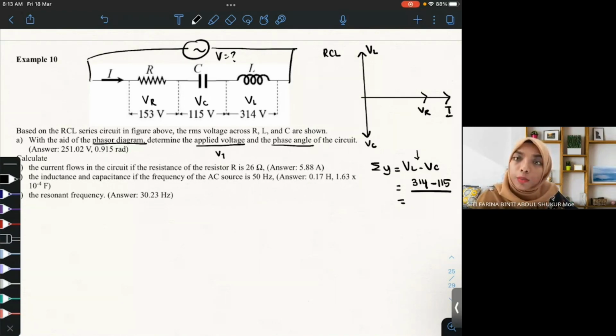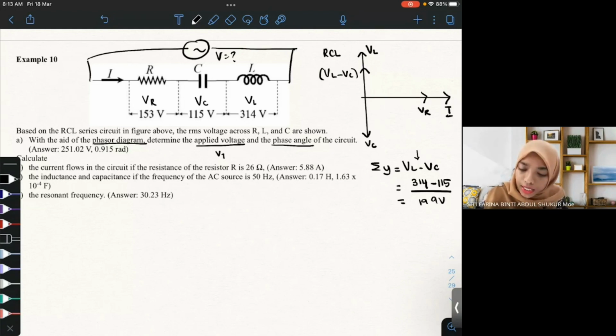Atas, kanan, positif, kiri, bawah, negatif. So 314 minus 115, you should get 199 voltage. So selepas kita tolak, the summation along Y is a positive 199. So dia akan duduk dekat belah atas, which is the summation of VL minus VC.